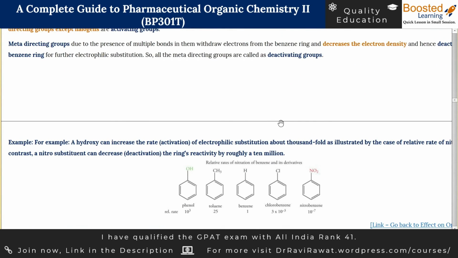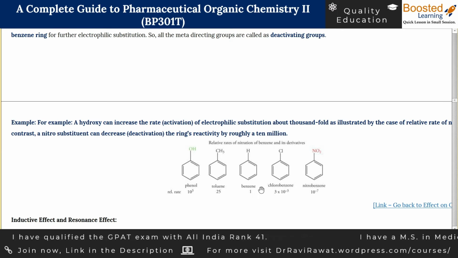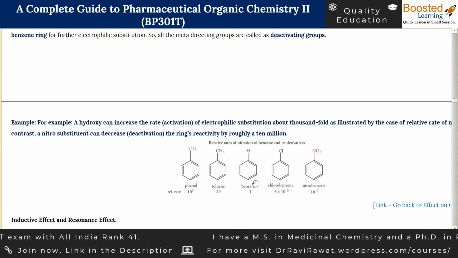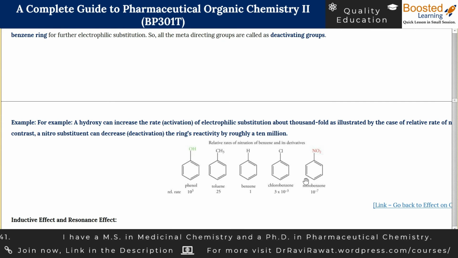One example where you can understand this concept very well is this: suppose we want to do nitration of benzene and its derivatives. Nitration means an NO2 group has to be introduced. So you have 5 players.